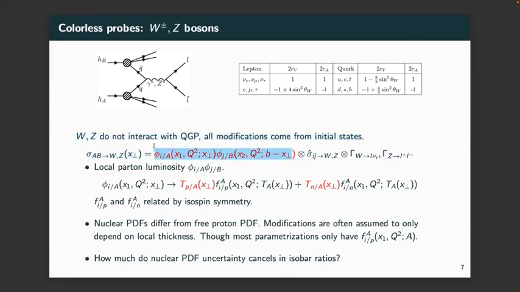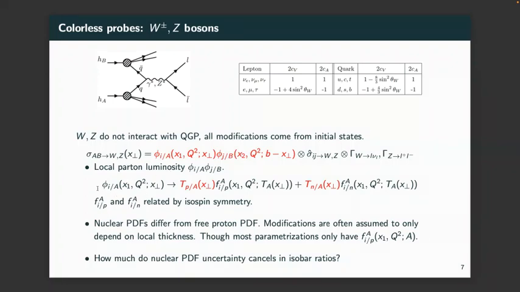So the parton distributions in the nucleus. Let's call this the local parton luminosity. Because if you have the ability to select centrality, then of course this luminosity can change with impact parameter.